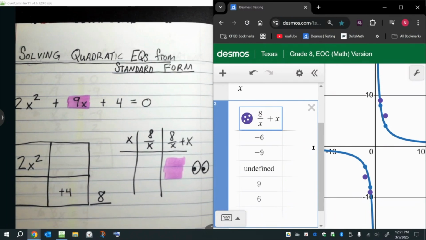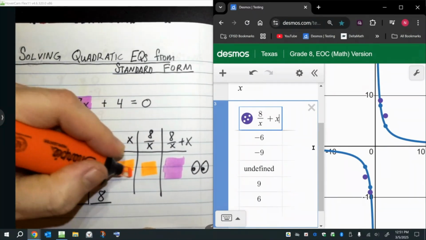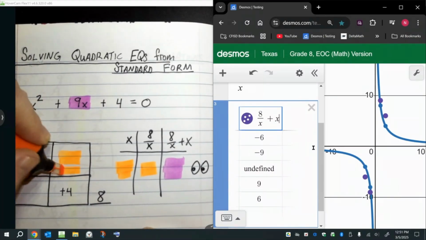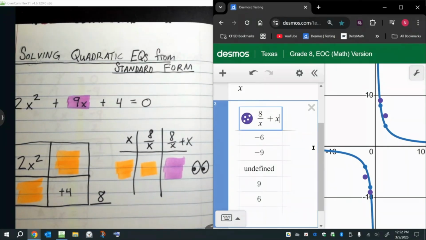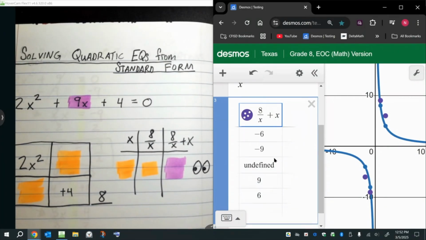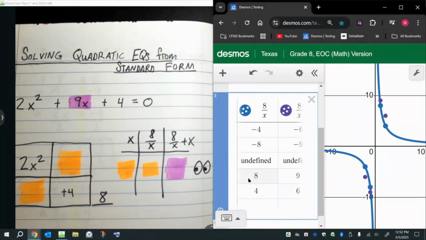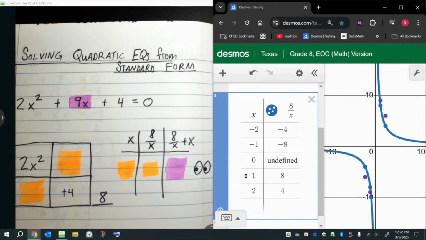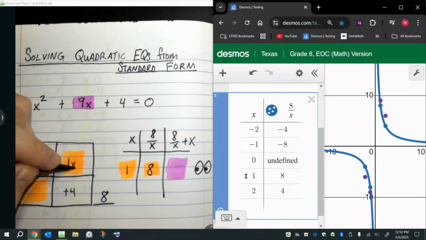And whatever goes with 9, we will write here and we will put in our box with the letter x. So, what does 9 go with? 9 goes with 1 and 8. So 1x, 8x.